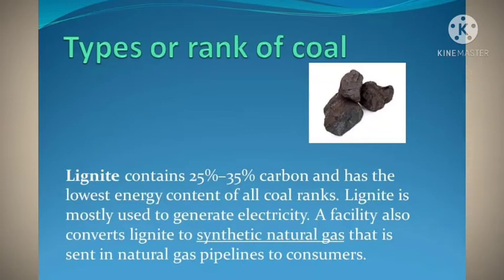Lignite coal deposits tend to be relatively young and were not subjected to extreme heat or pressure. Lignite is also known as brown coal. We mostly use lignite to generate electricity, and a facility also converts lignite to synthetic natural gas that is sent in natural gas pipelines to consumers.